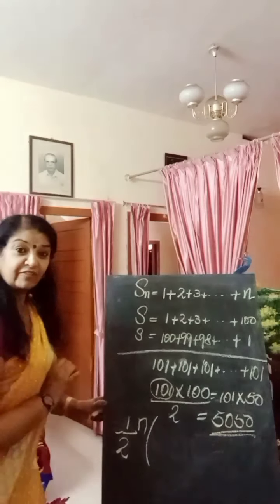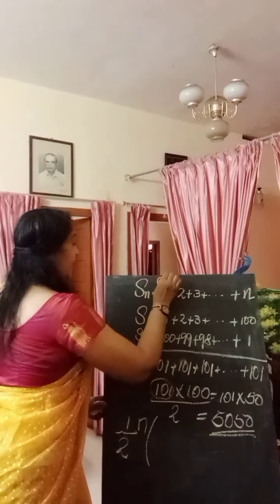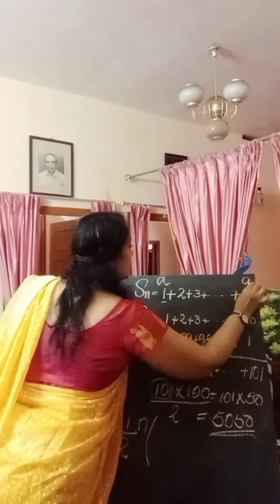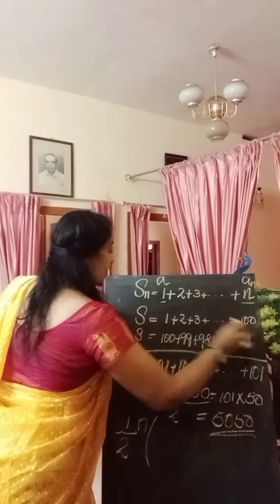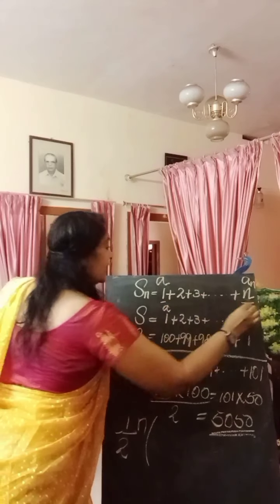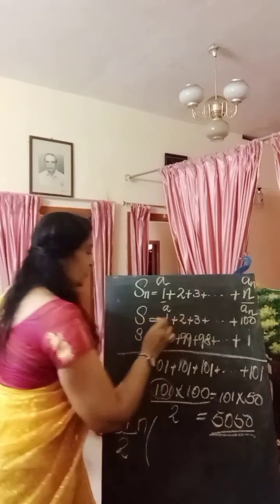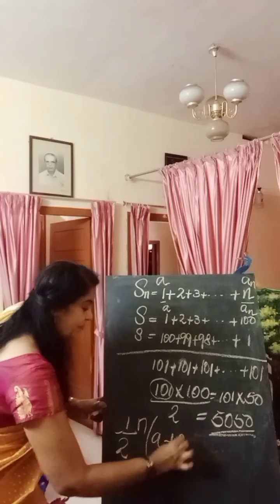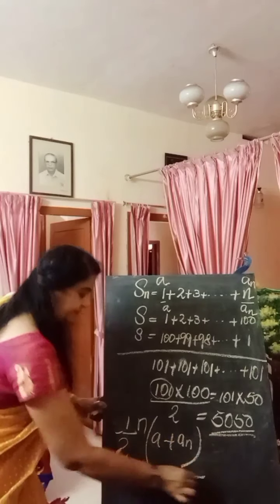How is it 101? Because the first term is a, that is 1, and the last term, an, is 100. So 1 plus 100, here we can apply a plus an.